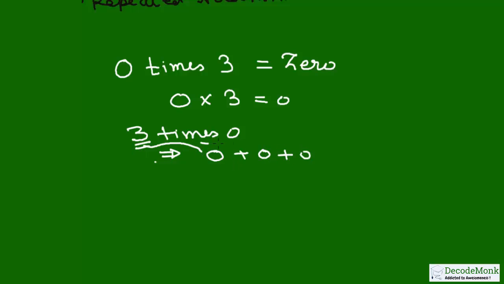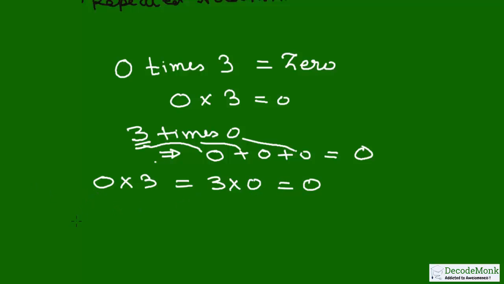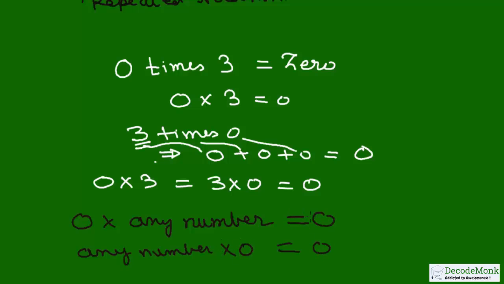We have taken 0 three times, and 0 plus 0 plus 0 is always 0. So 0 into 3 equal to 3 into 0 equal to 0. Basically 0 into any number, or any number into 0, equals 0.